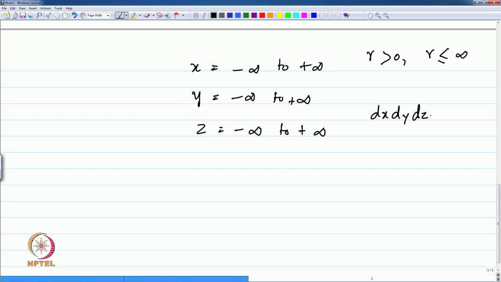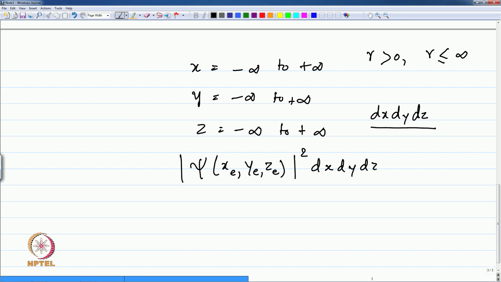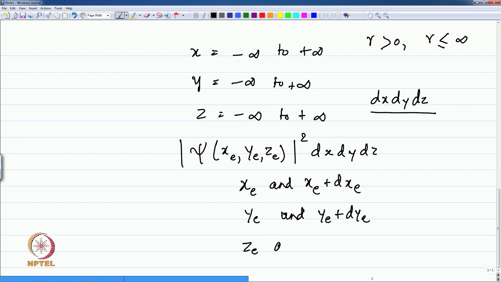For the electron, the volume element is dx dy dz, and then the probability is the absolute square of psi of x_e, y_e, z_e, times dx dy dz, as the probability of finding the electron in the region, or in the cube, between x_e and x_e plus dx_e, y_e and y_e plus dy_e, and z_e and z_e plus dz_e.